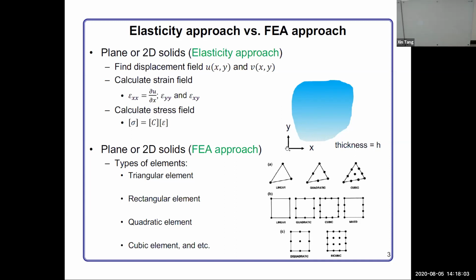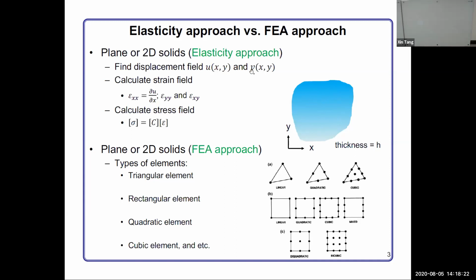Now, your displacement field within this solid material is u as a function of x, y, and v as a function of x and y. U is displacement around the x direction, and at a different point, different x and y, they have different u.